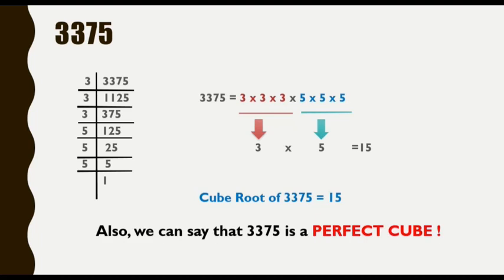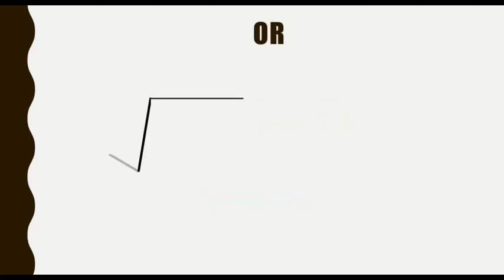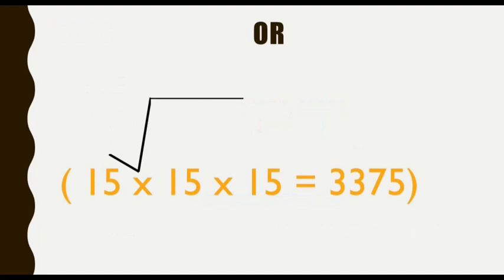Since we have got the cube root of 3375, we can easily say that 3375 is a perfect cube. It means that on multiplying 15 by itself 3 times we would get 3375. I hope you understood this method.